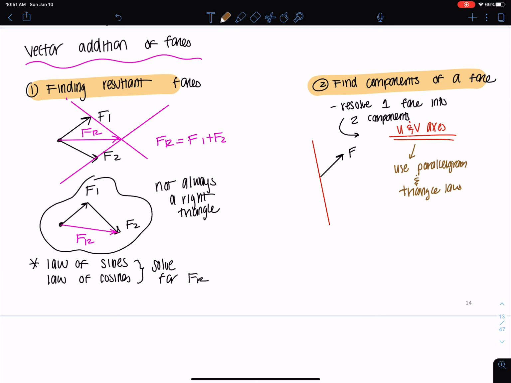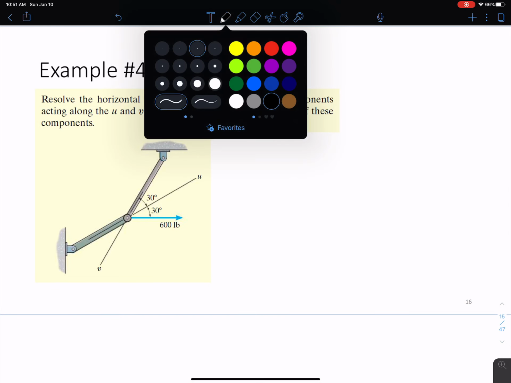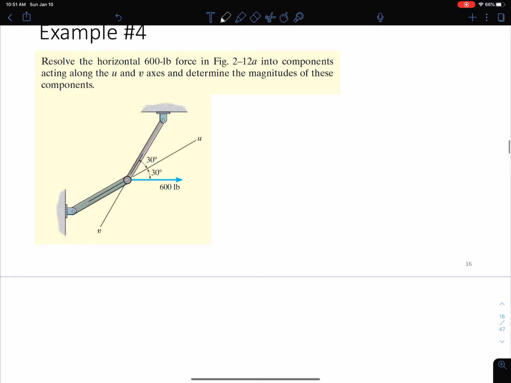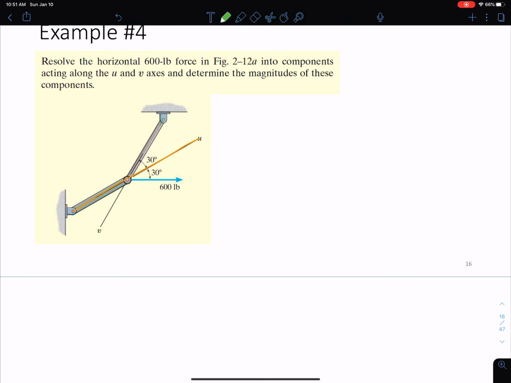Right here we have a 600-pound force, and we want to resolve it into components in the given directions. The u direction acts along this first member, and the v direction acts along this second member. So we want to resolve this force along the 2 members of the system.